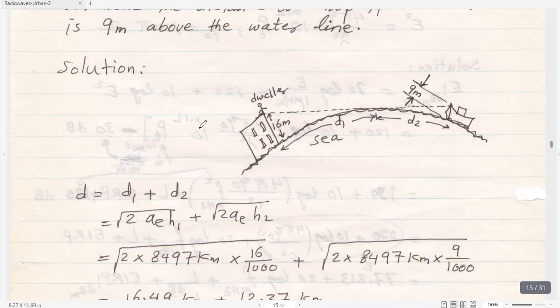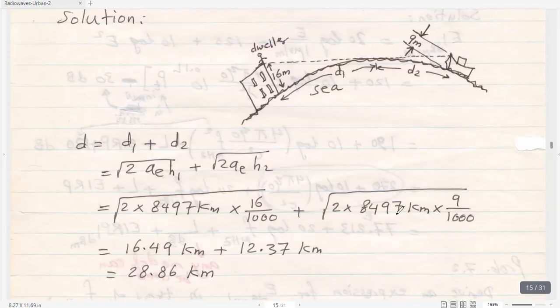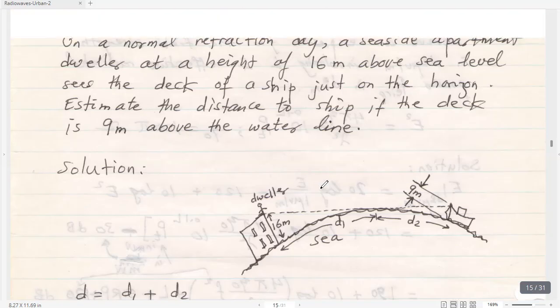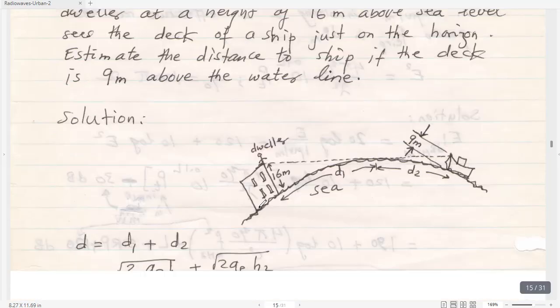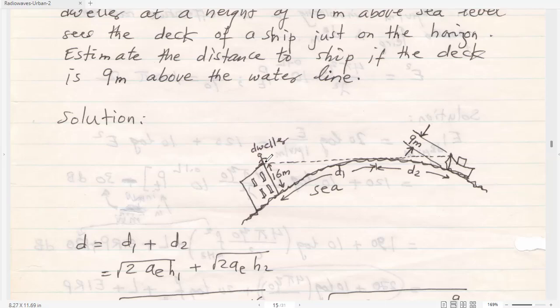The equivalent radius of the Earth is 8,497 kilometers. There is a dweller on a building, the building height is 16 meters, and he just sees the deck of a ship coming towards him. He is on the sea shore. We want to find the deck height here.